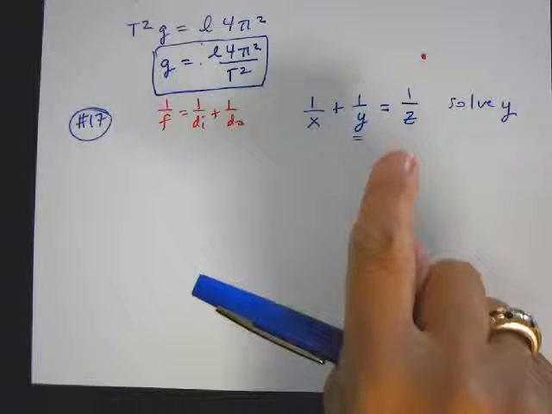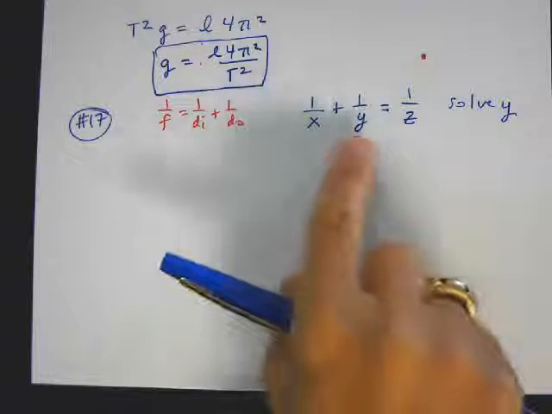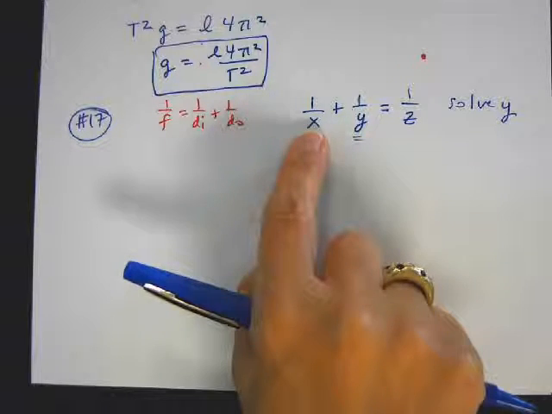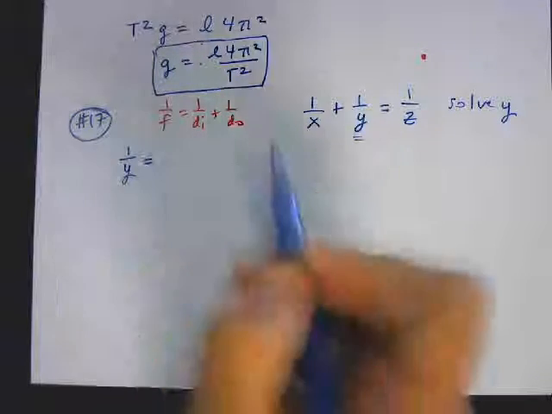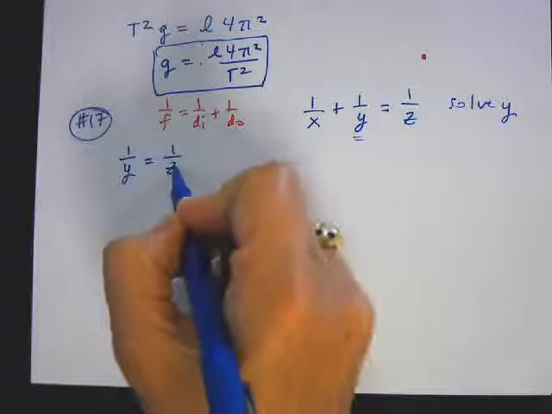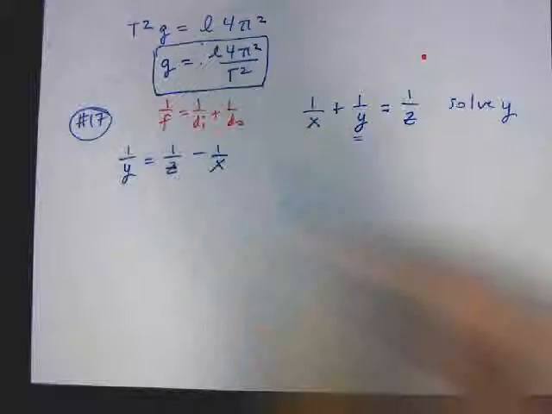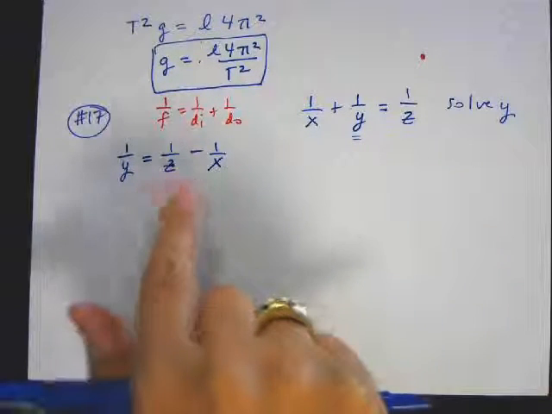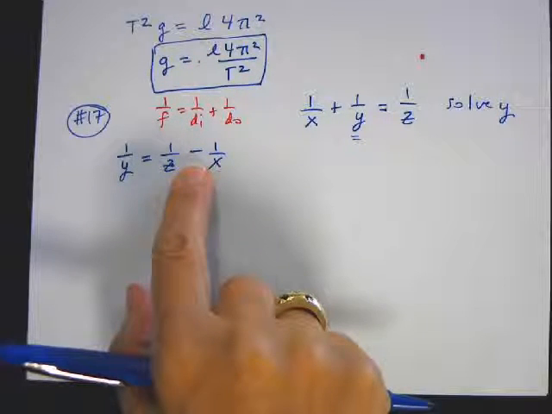First, I'm going to isolate the y. I'm going to take this 1 over x and move it to the other side. So I'm going to have 1 over y is equal to 1 over z minus 1 over x. The issue here is I want to simplify this, but there's a negative sign and they have different denominators.